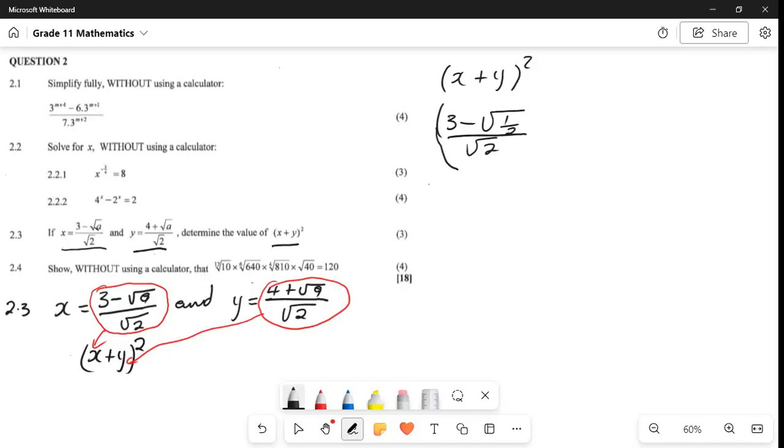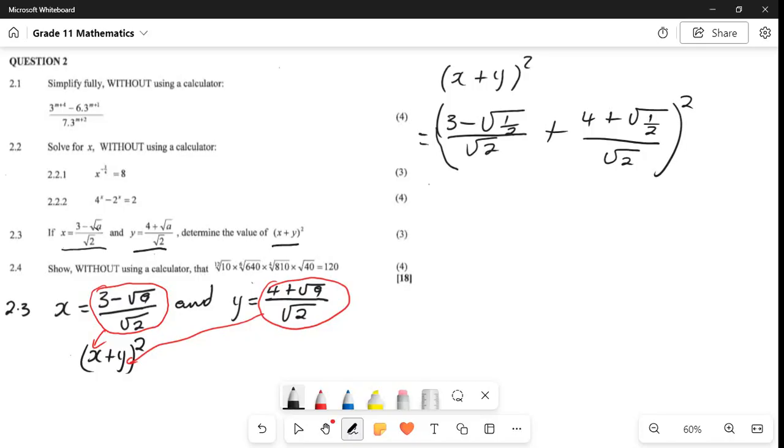This bracket must cover everything, plus, remember, we need to get the same value that we got in the other step. If we don't get the same value, then it means something will have been wrong. Then the value of y is 4 plus square root of, we know the value of a, now it's half, divided by square root of 2. They are all squared.